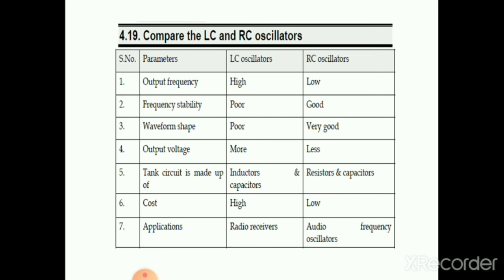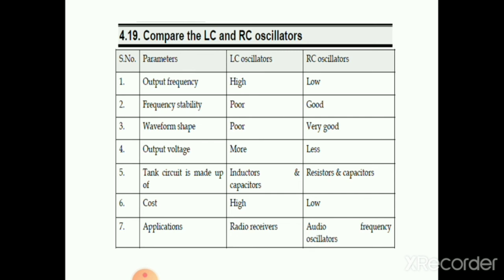Frequency stability: the stability of an RC oscillator is very good, because the frequency response is good and the stability of resistor components compared to inductor components is also good. In the case of an LC oscillator it is poor compared to RC oscillators.